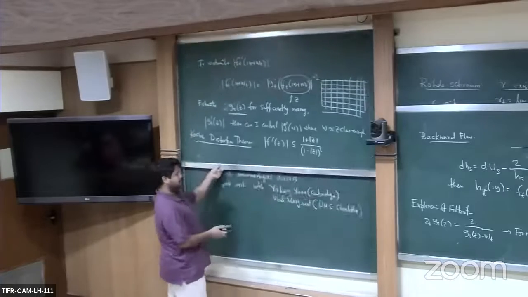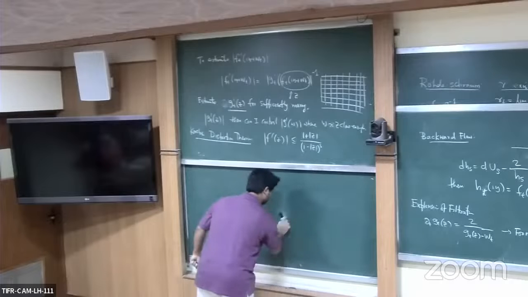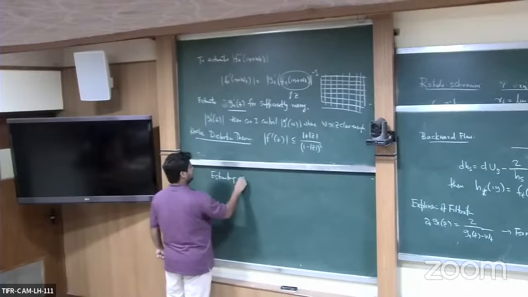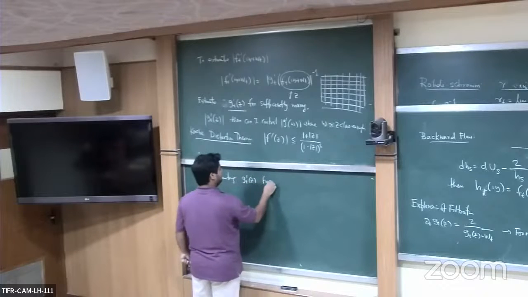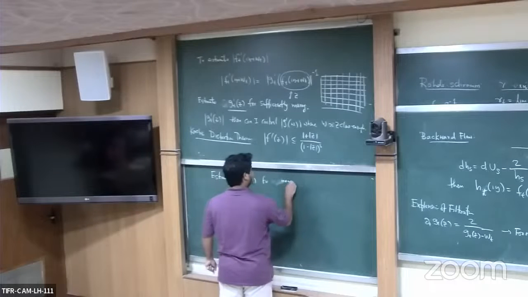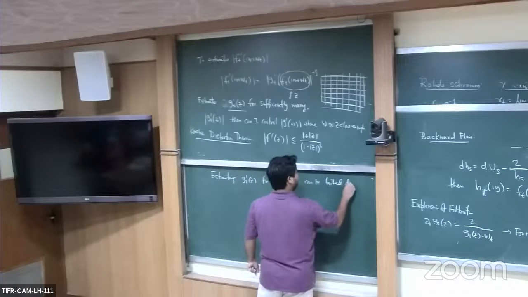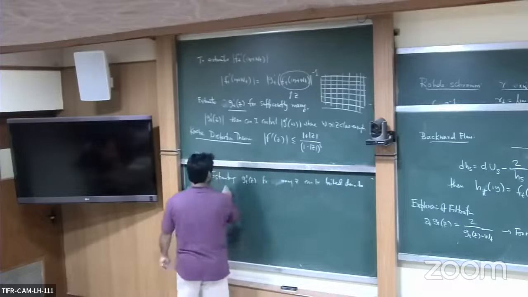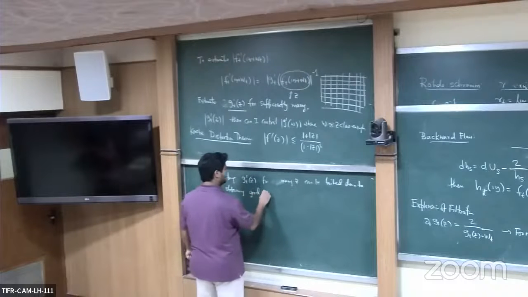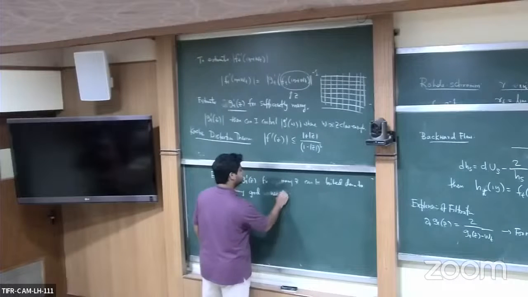So estimating g_t prime of Z for sufficiently many Z can be boiled down to moments. Now these are negative moments, because what we are interested in is the lower bound.